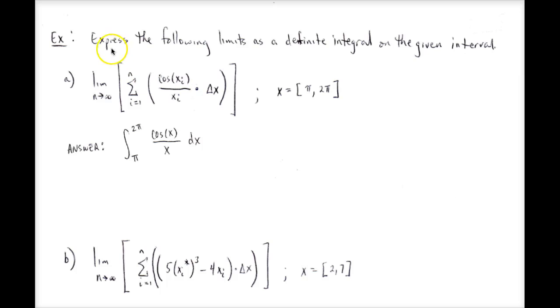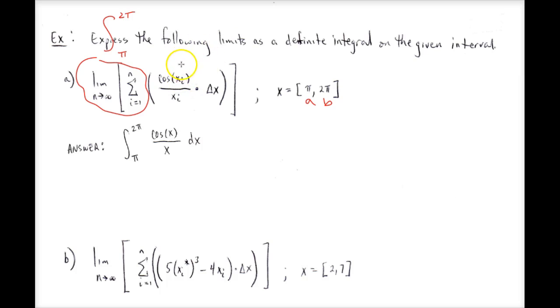a definite integral. And so if you remember, I had said that all of this is just representative of an infinite sum from whatever limits of integration that we have, which in this case would be from pi to 2 pi.